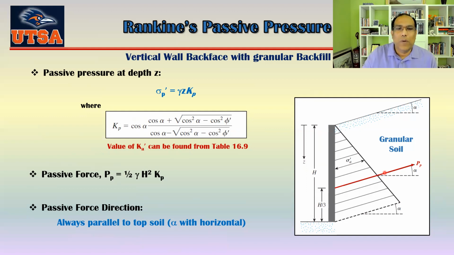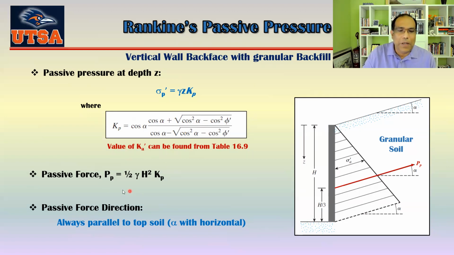So for passive pressure, Rankine's passive pressure, this is your equation. Kp is this one, which is basically your passive pressure coefficient. The value of Kp can be found from table 16.9, or you can use this equation directly to calculate your Kp.